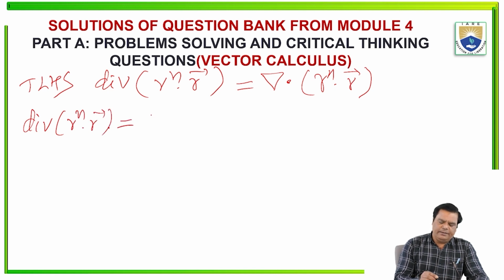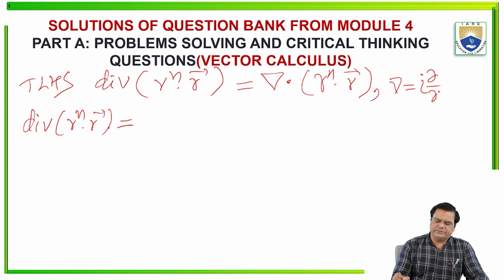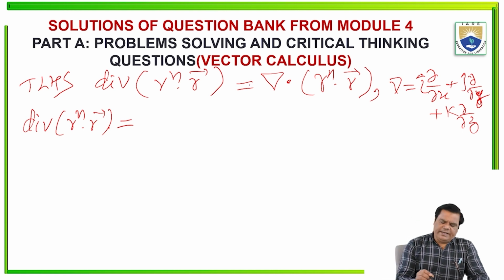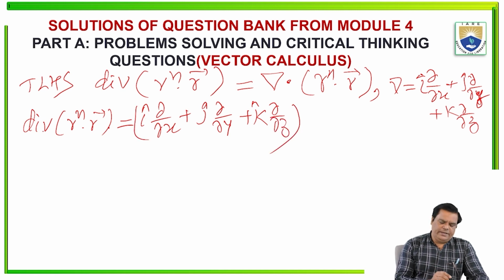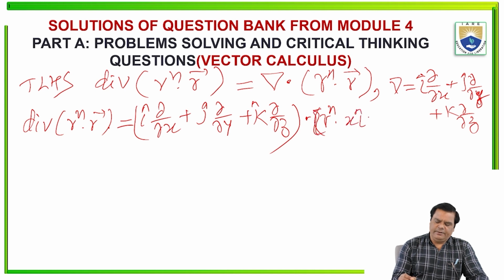Here the value of del is i cap ∂/∂x plus j cap ∂/∂y plus k cap ∂/∂z. Del dot r to the power n, and here writing r as xi plus yj plus zk.